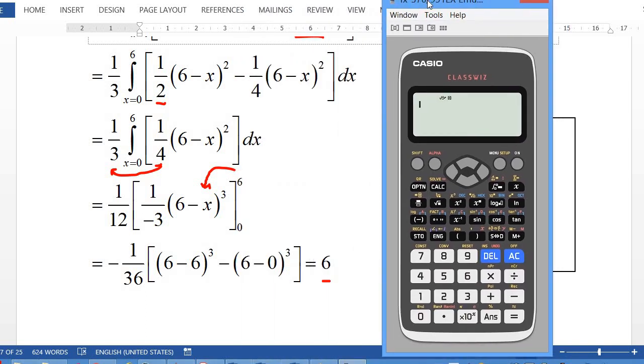In case you forgot how to integrate here, you may use your scientific calculator. In the calculate mode, let's say you want to integrate here, this one already has 1 over 12. I just want to show you how you use a scientific calculator to integrate 6 minus x squared here.